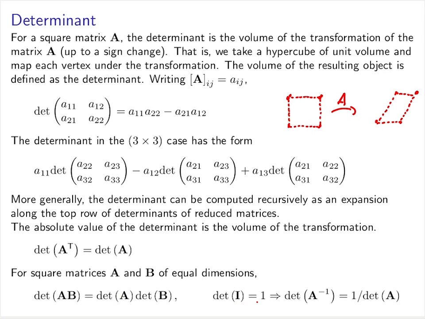The determinant of the identity matrix is 1, and therefore the determinant of the inverse matrix of A is simply 1 divided by the determinant of the original matrix. We will talk about the inverse a couple of slides later.